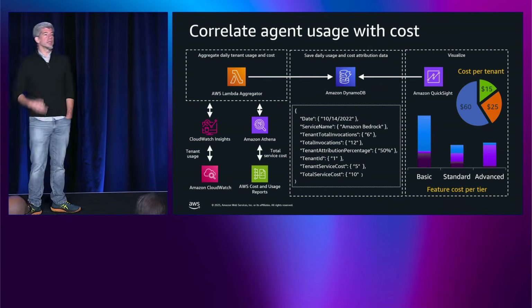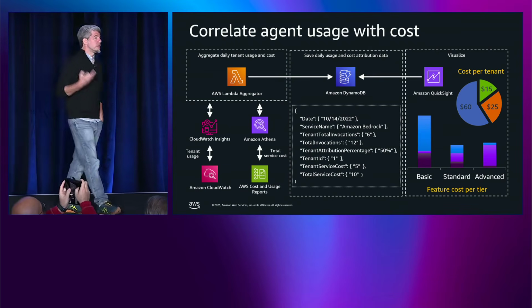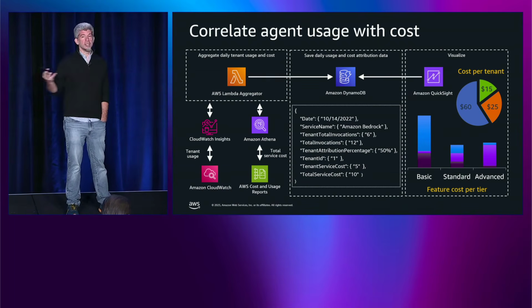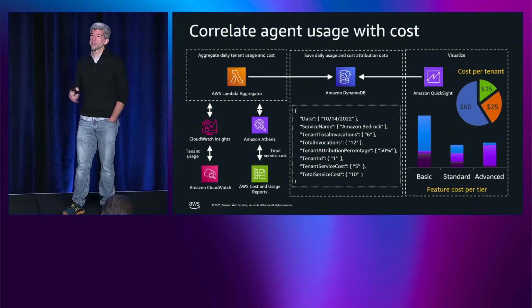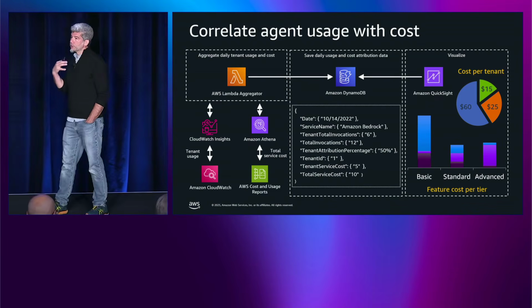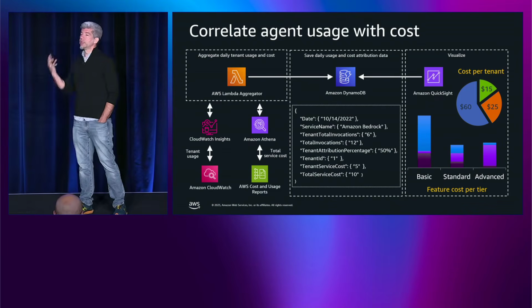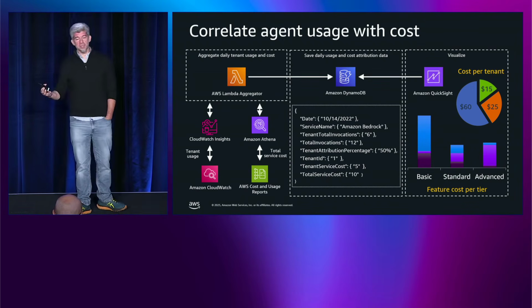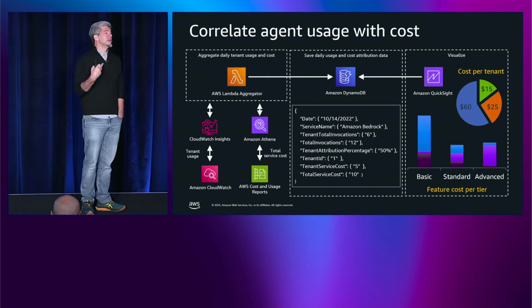And tools like QuickSight with their own integrations with models now can also let those business users drill into those individual tiers and see how much it costs for the tenants inside those tiers, as long as we provide them with that data. It's our responsibility as the builders of the agent to emit that data that unlocks all of those cases where business users can actually drill down into this data and understand what's happening under the hood.